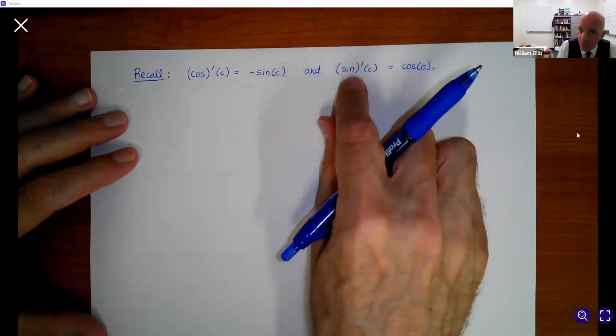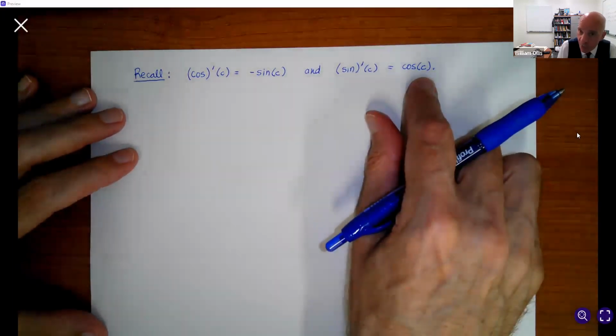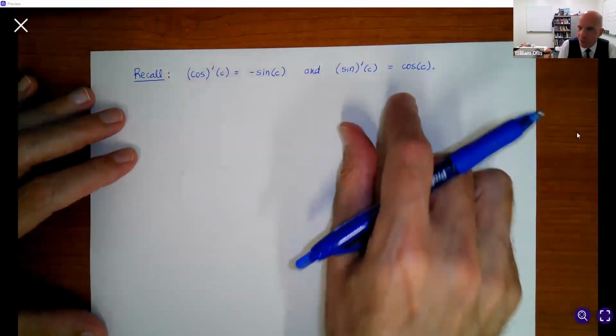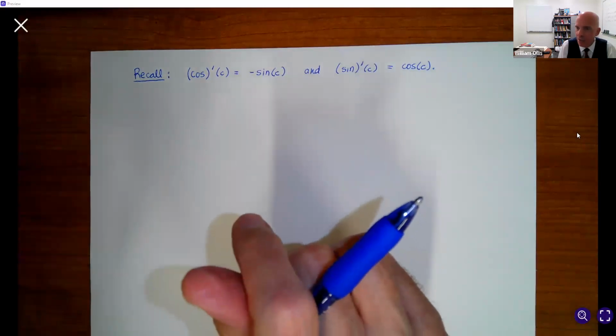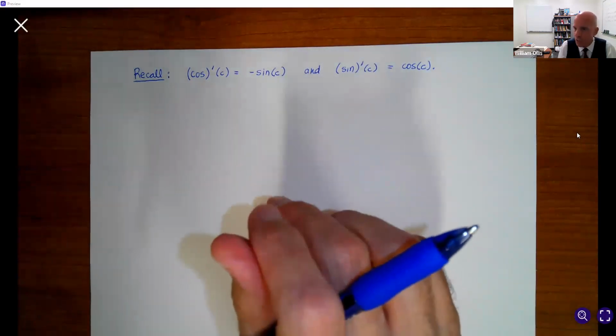And of course, the derivative of the sine gives us the cosine. So that's really not very surprising when we think the sine and cosine are just horizontal shifts of each other.